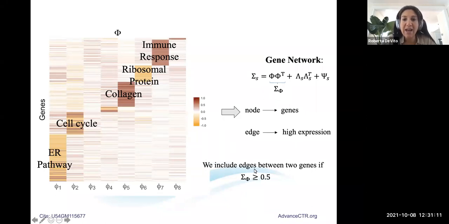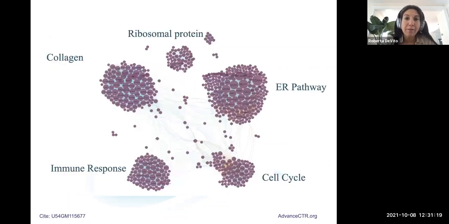We include an edge between two genes if this covariance is greater than or equal to 0.5. So this is our gene network, and remember that this is just for the part of the covariance matrix that is common across all the studies.